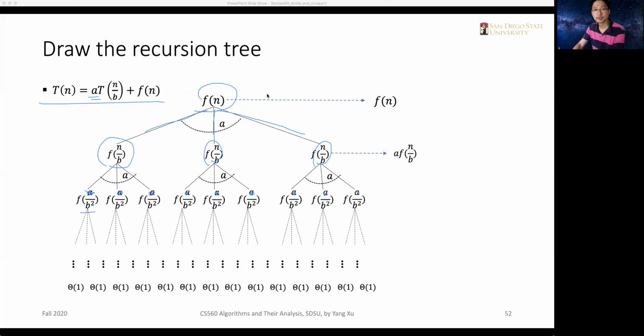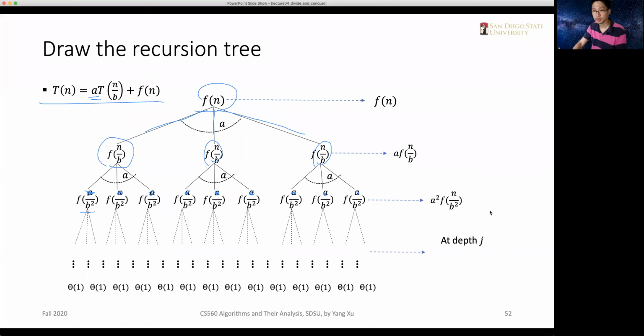So in the first level, it's f of n, right? And the second level, it's a times f of n over b, because there are a branches and each branch is n over b. And next, it's a squared, because each split grows the number of nodes by a factor of a, and the size of the subproblem decreases by a factor of 1 over b.